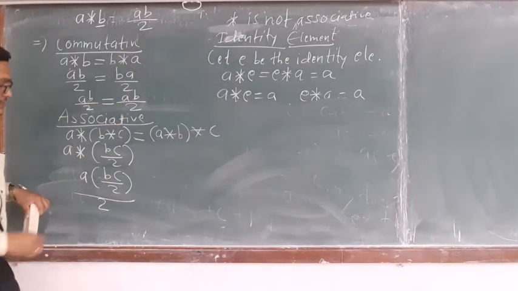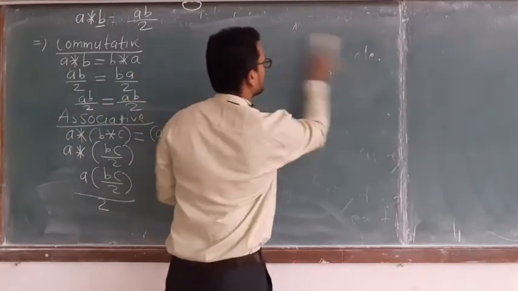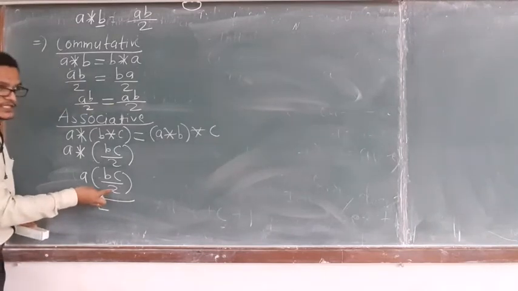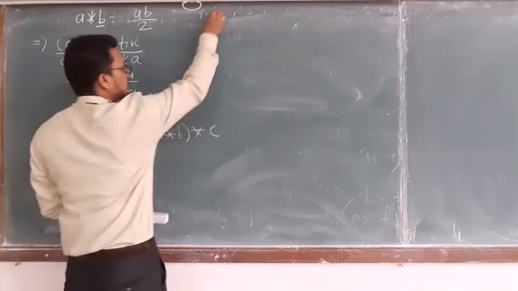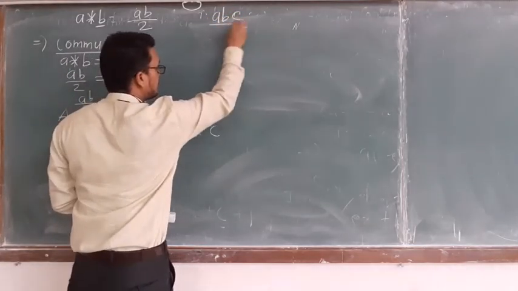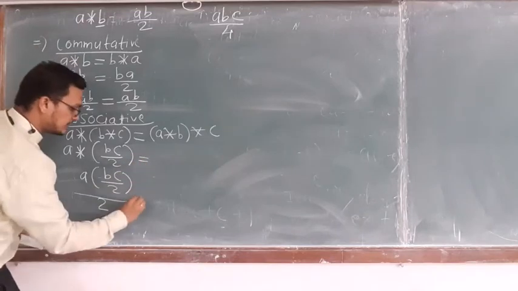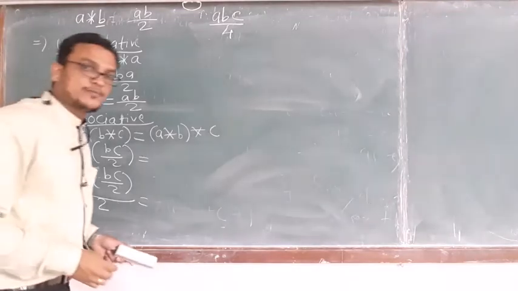Which is equal to, I will write that here. Now see here, this denominator and this denominator get multiplied. Means this A into BC is ABC divided by 4. So that is your LHS. So let us find RHS now.